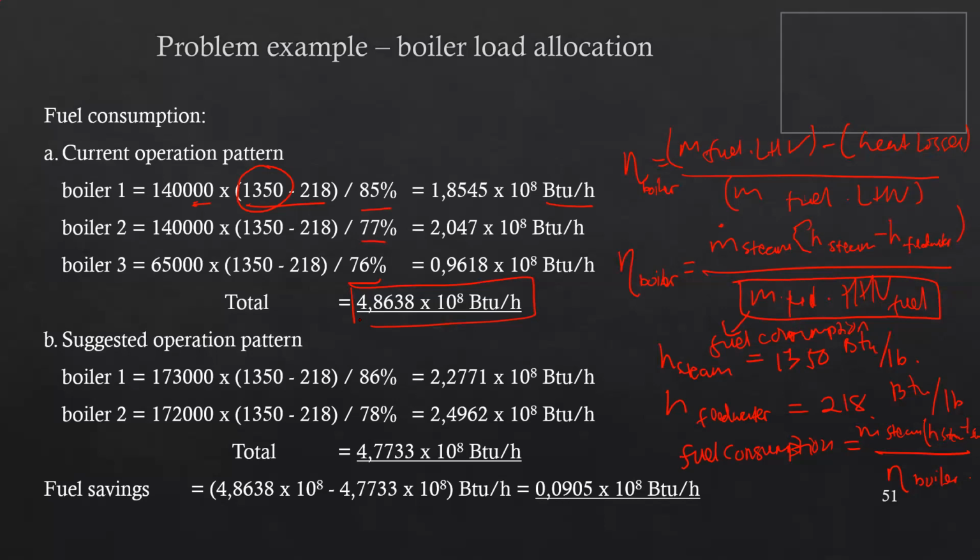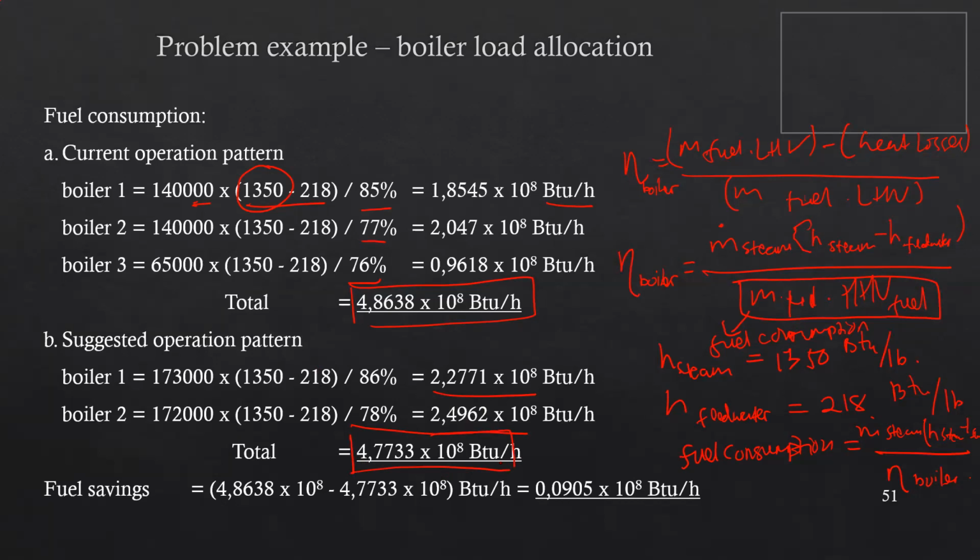When we have 2 boilers, with the adjustment of the capacity loading as well as slight modifications of the boiler efficiency, we can calculate the fuel consumption for each boiler using the same formula, and the total is 4.7733 times 10 to the power 8 BTU per hour.